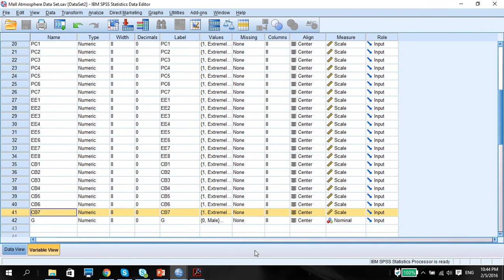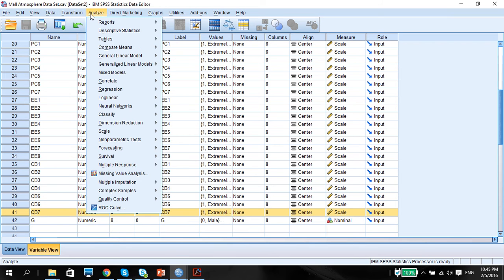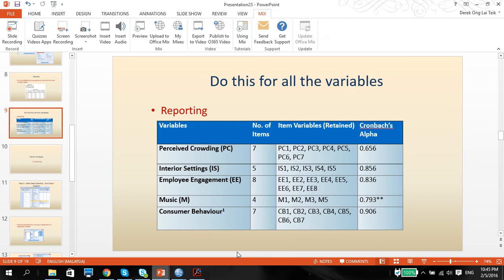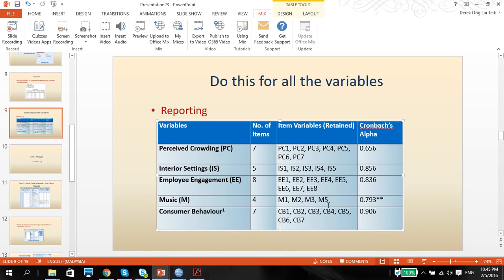I'm opening up my model. I'm going to go into Analyze, Dimension Reduction, Factor, and I need to know what my variables, items, are here. Before this, M6 was part of the music variable, so I'm going to put that item in to show you why I deleted M6.